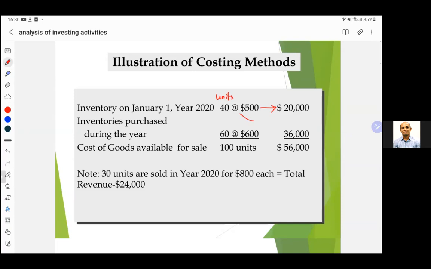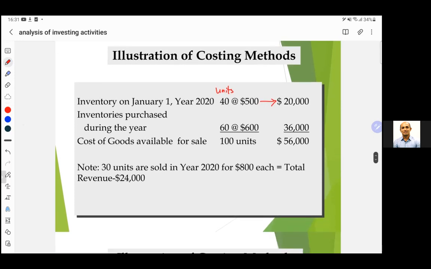The meaning is last year you purchased stocks at 500, but during the year you purchased stocks at 600. You see the price has increased. So your purchases are 36,000.